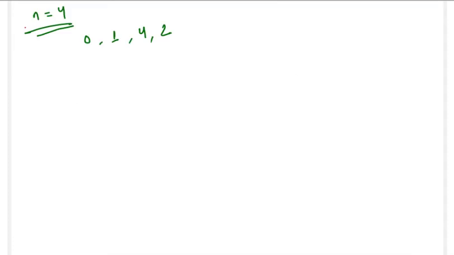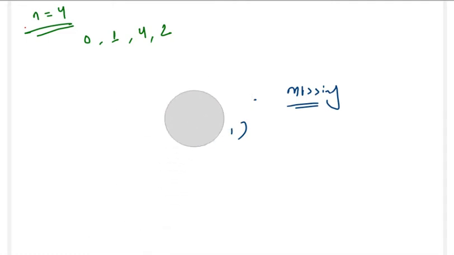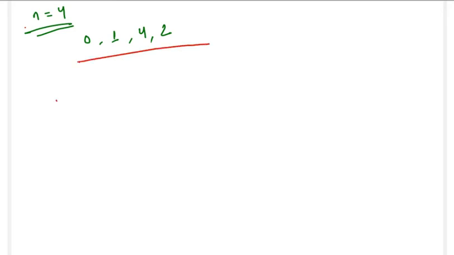So how can this help in order to solve this problem? We know that the array elements are from the range 0 to n. So if we XOR these numbers with again 0 to n, every number which appears 2 times will cancel out each other, but the only number that will be left is the missing number. Let's try and understand with an example. So we have these array elements 0, 1, 4, 2.